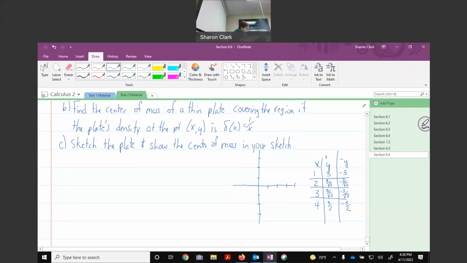So at 1 we get 3 and negative 3. At 4 we get 1 and a half and negative 1 and a half.